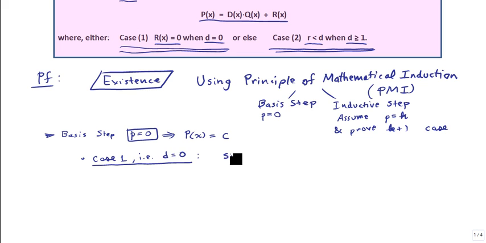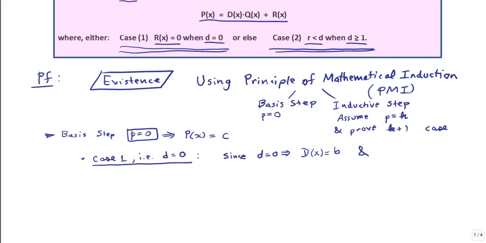Now, since d is 0, by the same rationale that we just used up there, you should be able to say that the divisor polynomial is some constant too. Let me call it a constant little b.